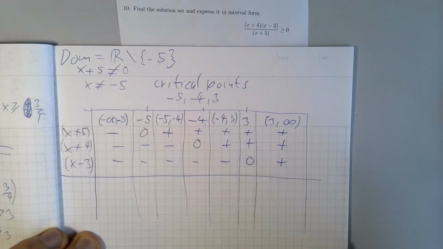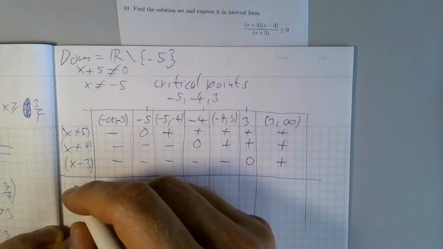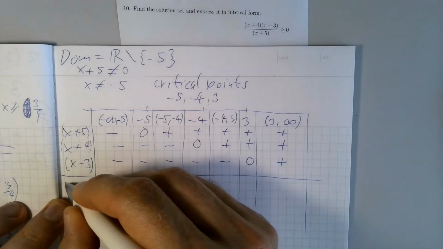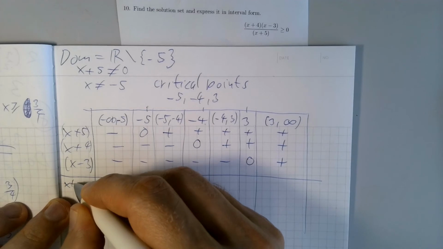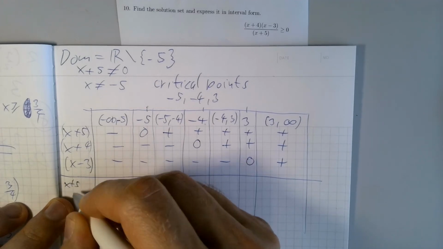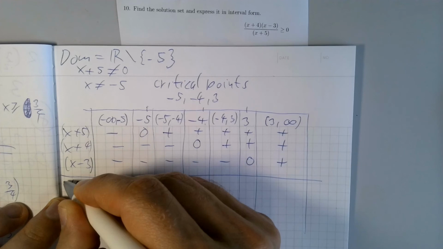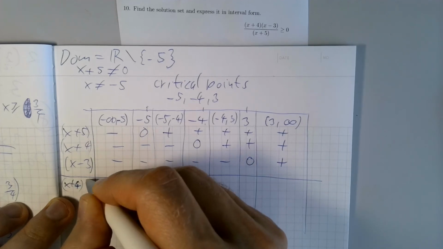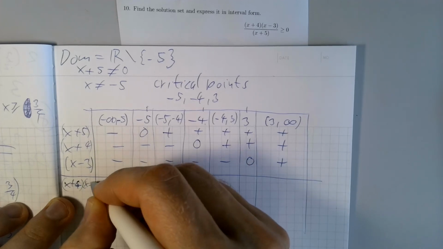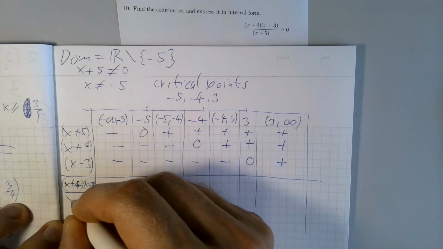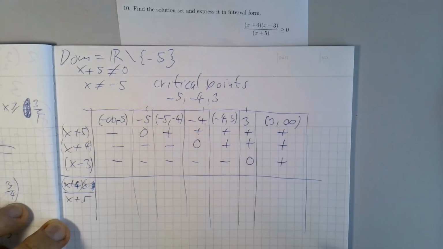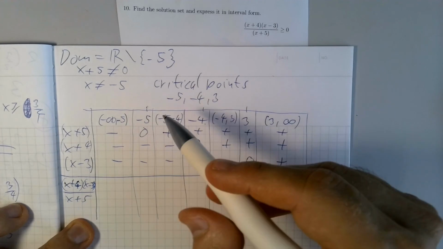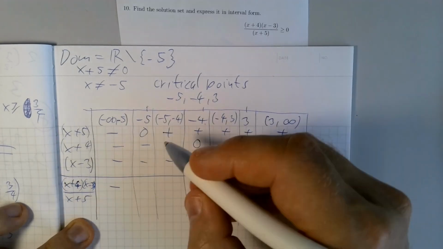But what we are interested in is this expression, so I need to put in x plus 4 times x minus 3 divided by x plus 5. That's just multiplying the signs. So this is negative.